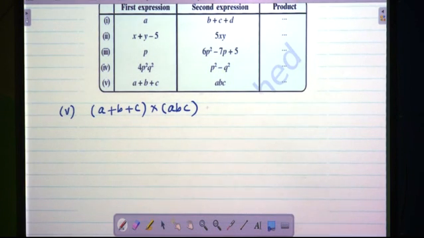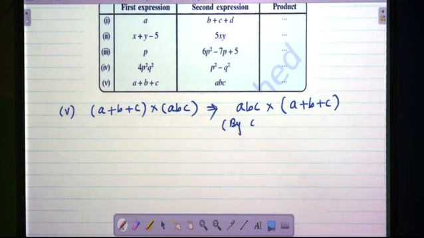I can write this as abc multiplied to a plus b plus c. How it happens? By commutative law or commutative property. Purposely I have mentioned here.